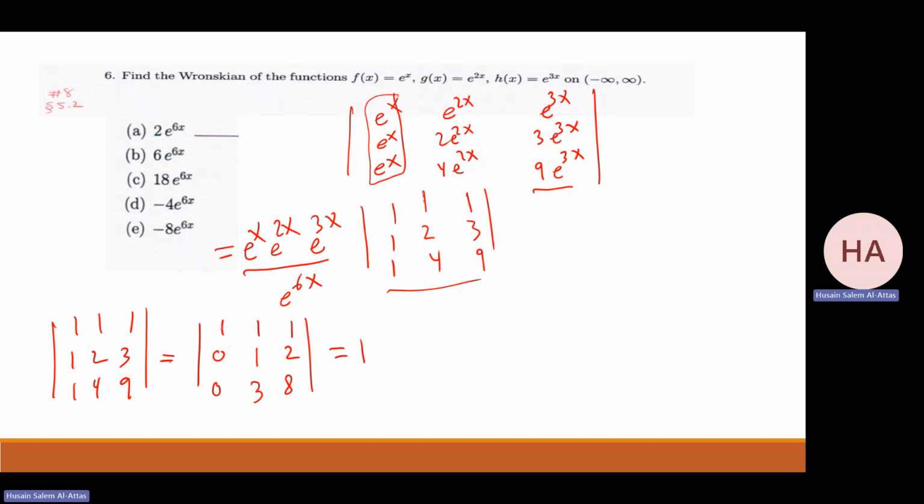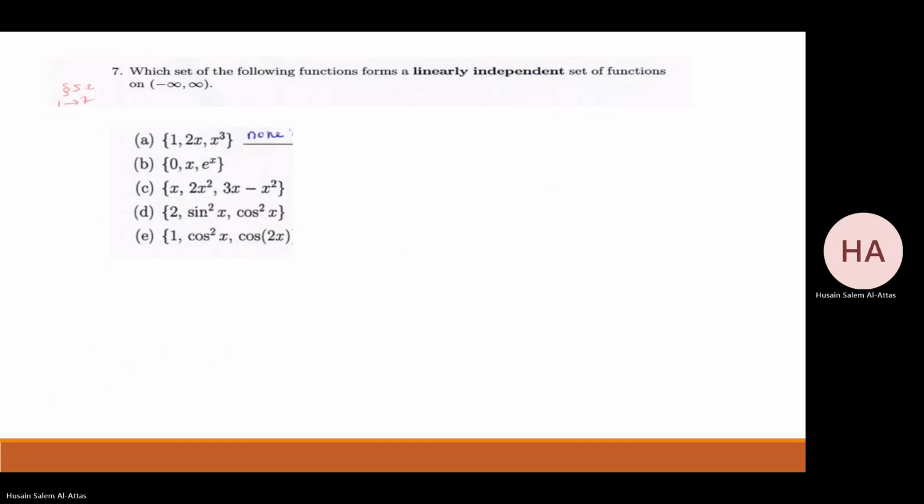So now this one is 1, 8 minus 6, which is 2. So the determinant will be 2 e to the power 6x, which is never 0. No need to ask.